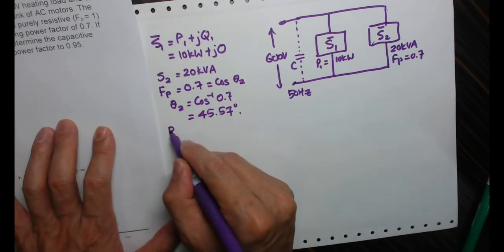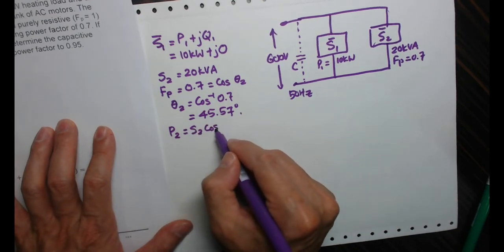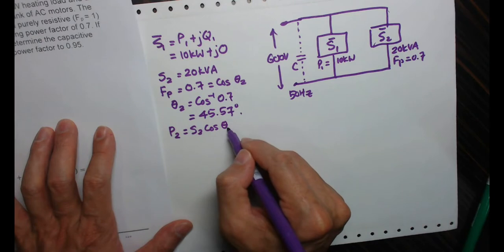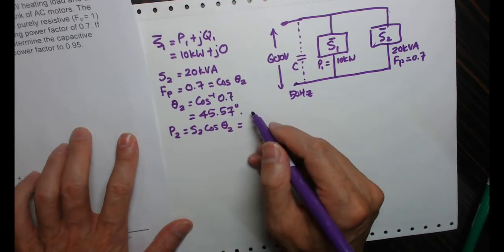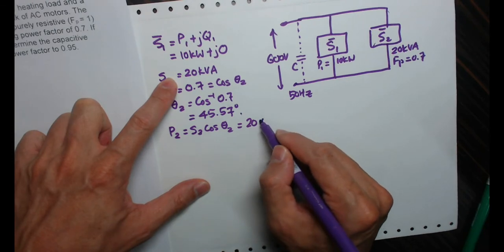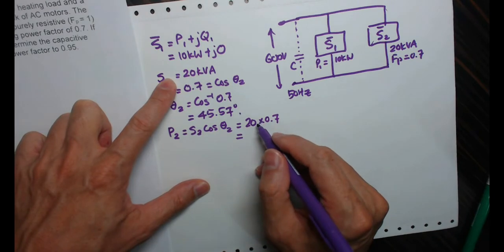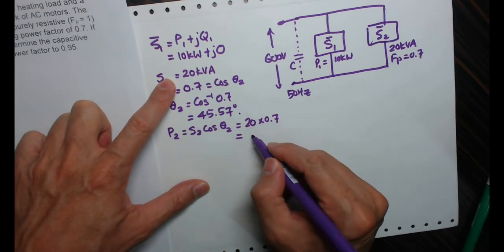Then I can calculate P2 as S2 cosine theta 2. So that's 20 times 0.7, which gives me 14 kilowatt.